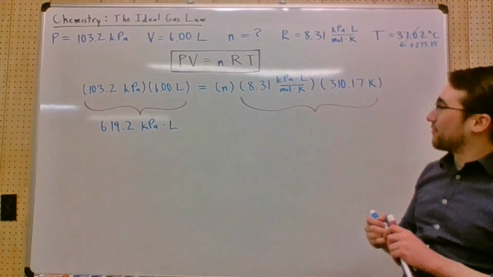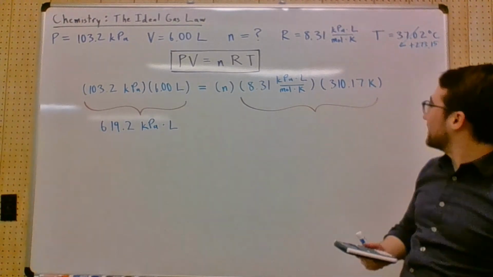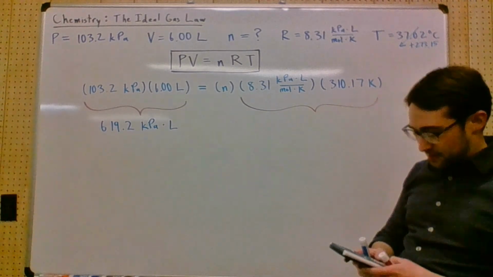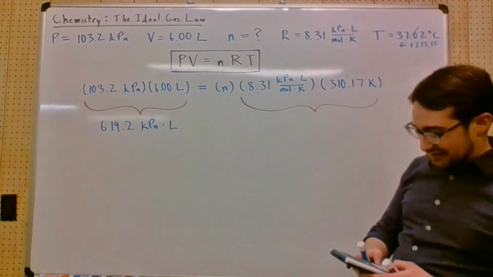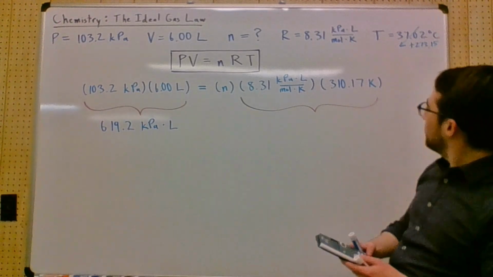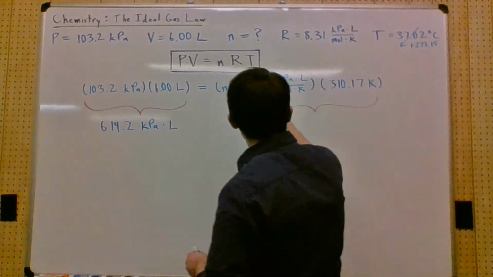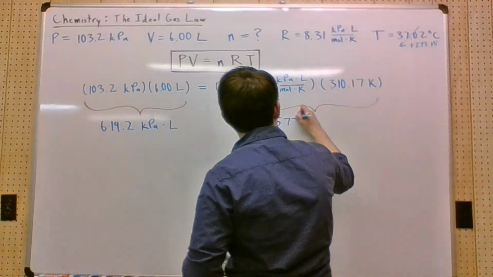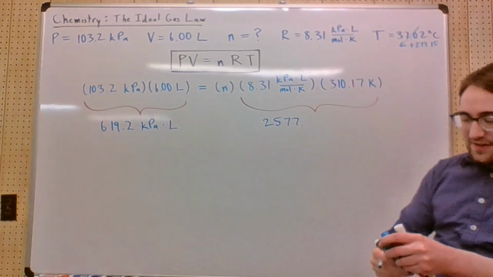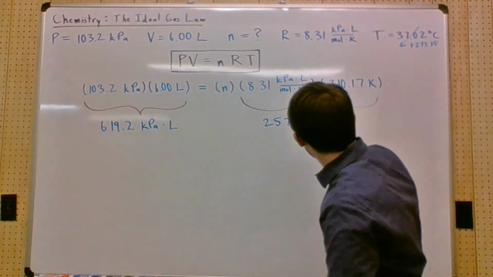Over here, my 8.31 times my 310.17. Let's see. This is a big number. 2,577.51.